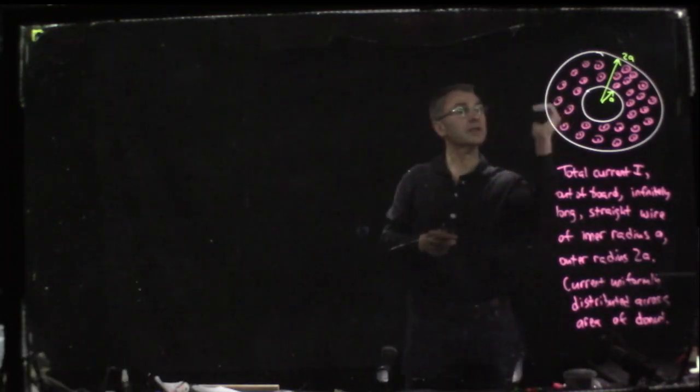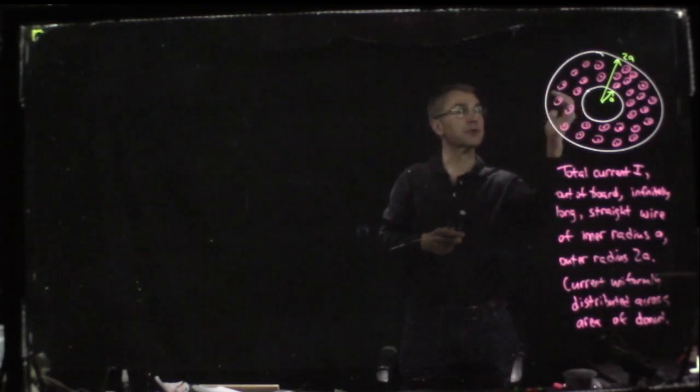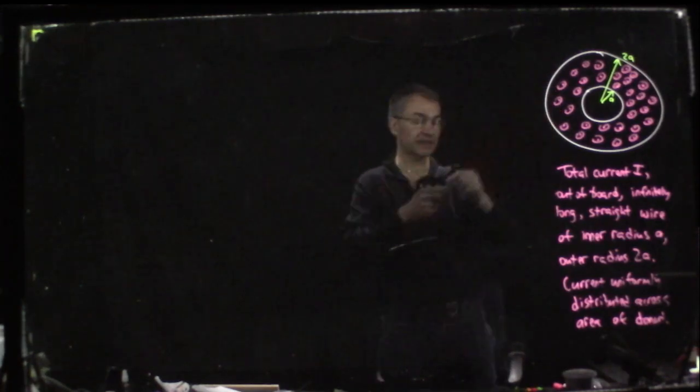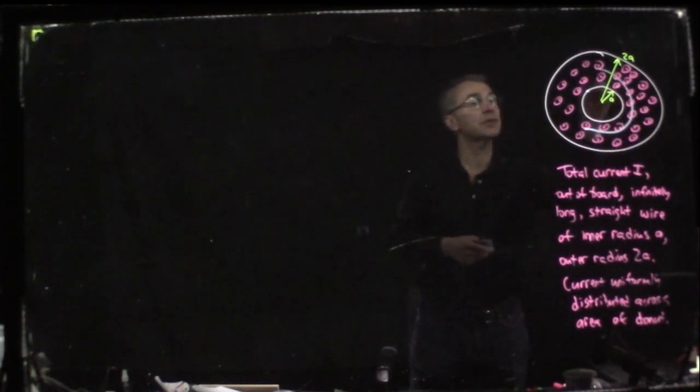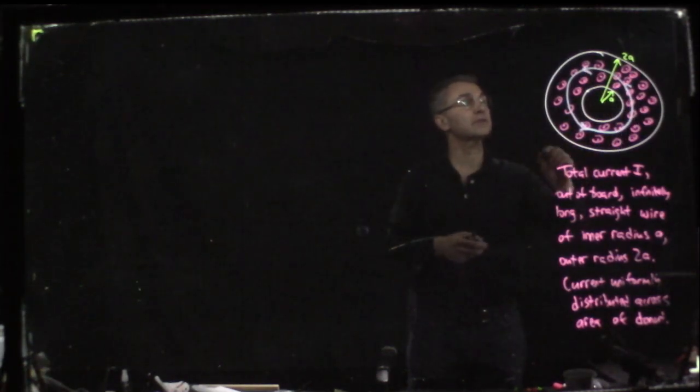Since the current is out of the board, we can use the right-hand rule, this is actually my right hand, to get that the magnetic field lines must be counterclockwise like this, and they encircle the current.